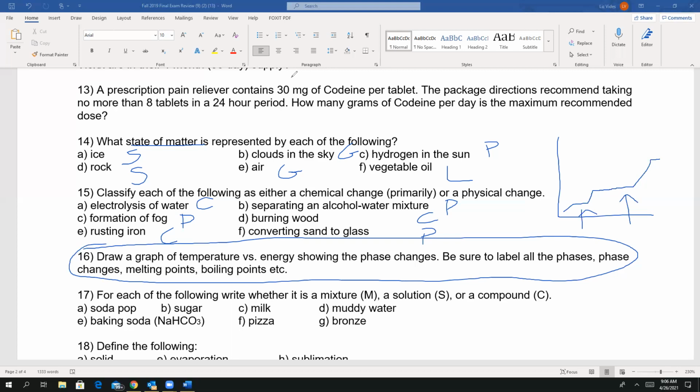Here you have solid in this area. Here you have liquid, and here you have gas, right? Boiling point, melting point. And if you're coming backwards, then obviously it's condensation point and freezing point, right? If you go backwards.